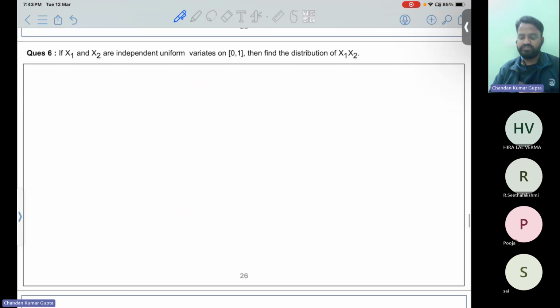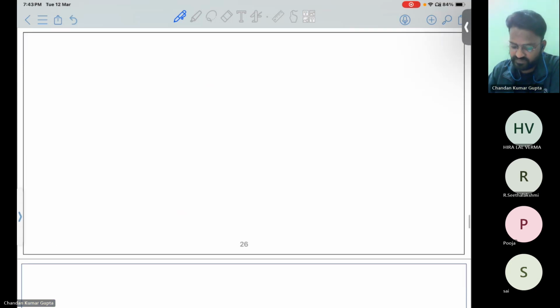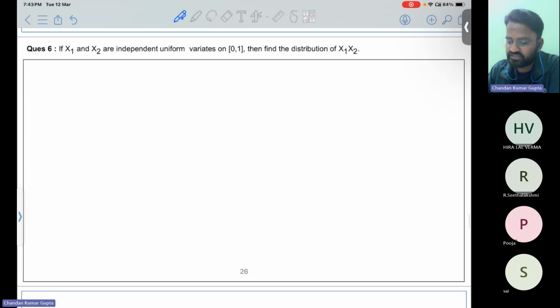Okay, then the next question is: if x1 and x2 are independent uniform variates on (0, 1), then we need to calculate the distribution of x1 x2.